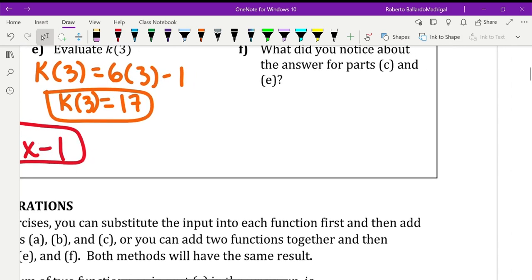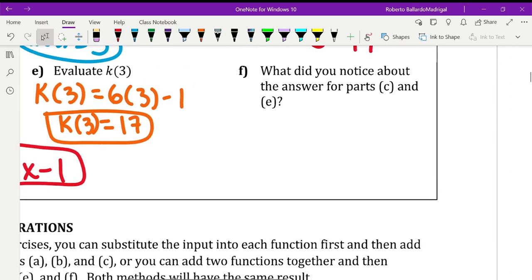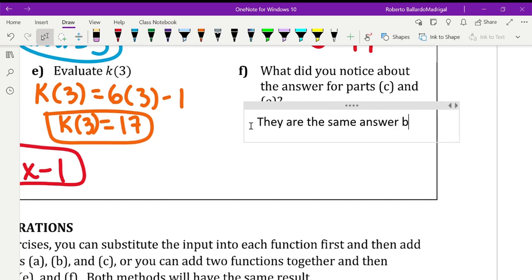So let's write something along the lines of the following. So Bowman said they are the same answer. Yes, that's correct. They are the same answer. But part C, how do we want to phrase this?